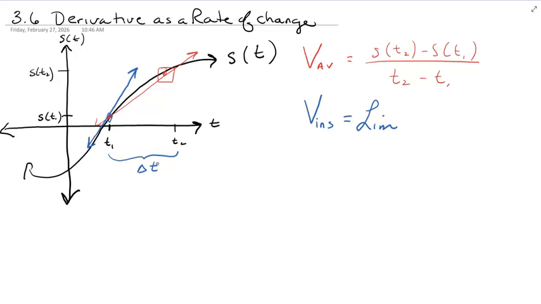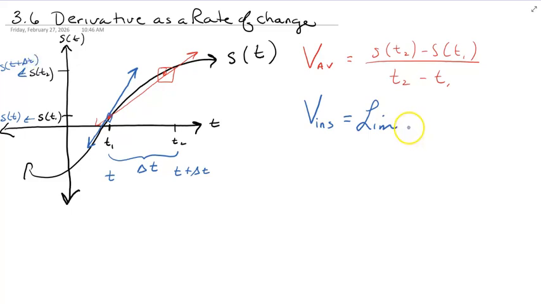Well, if I call that delta t, I still have t1. And then, because we only have t1, we don't even have to call it t sub 1. We'll just call it t. T plus delta t. And then over here, I would change this to simply s sub t. And then I would change this for my tangent line in blue to s of t plus delta t.